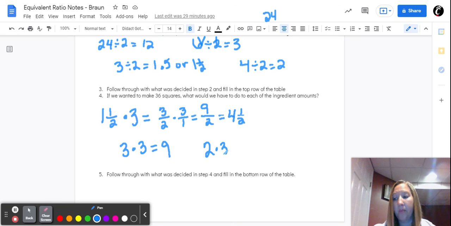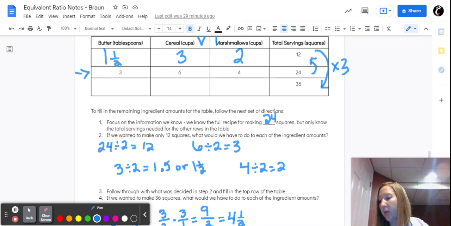So 2 times 3 is going to give us 6 cups of marshmallows. So now we want to take our amounts and we're going to go back up and fill them into the table. So now for 36 Rice Krispie squares, we need 4 1/2 tablespoons of butter, we need 9 cups of cereal, and we need 6 cups of marshmallows.